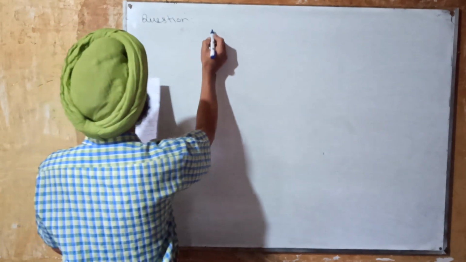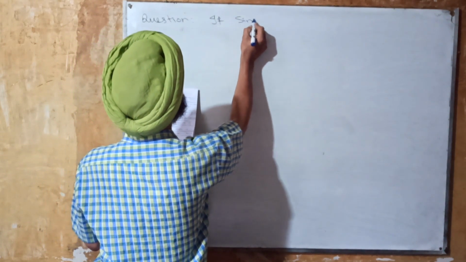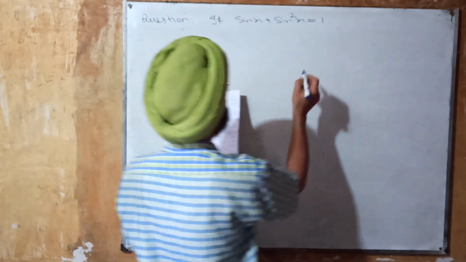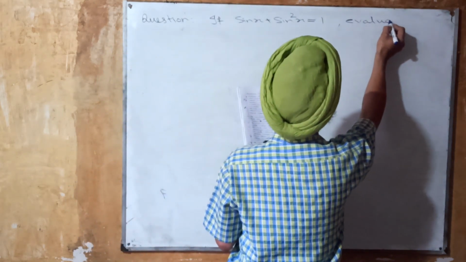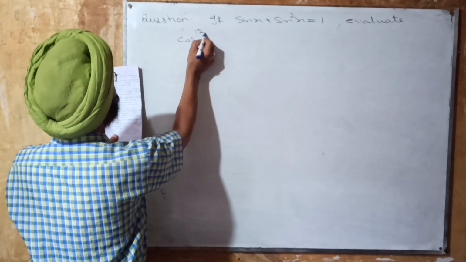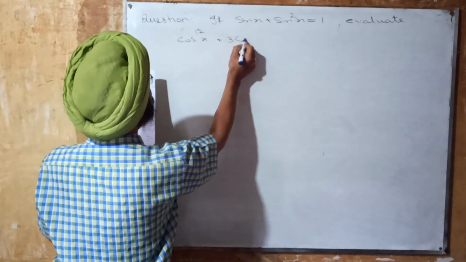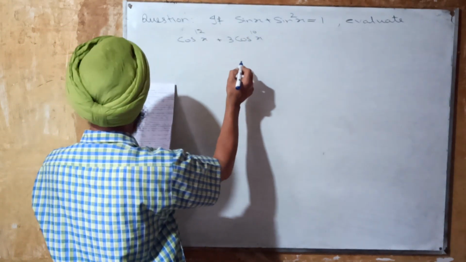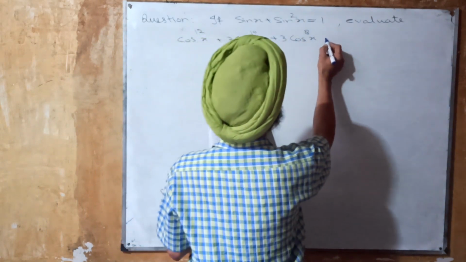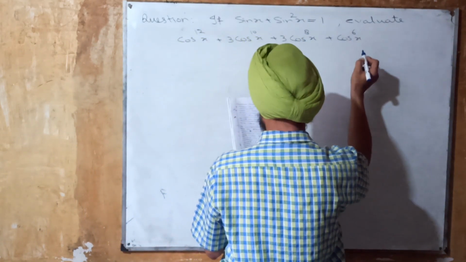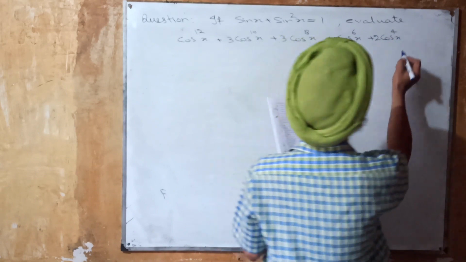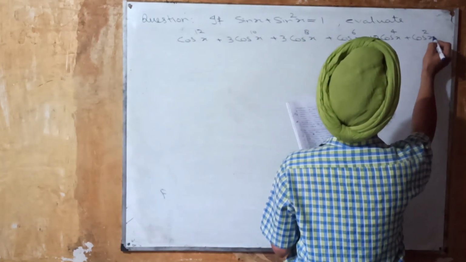If sin x plus sin square x is equal to 1, evaluate this term: cos raised to the power 12x plus 3 cos power 10x plus 3 cos power 8x plus cos power 6x plus 2 cos power 4x plus cos square x minus 2.